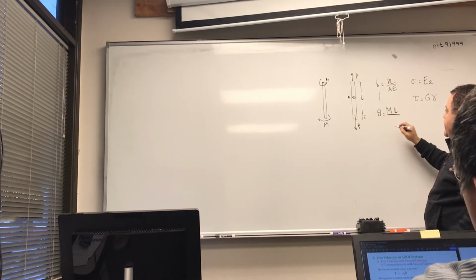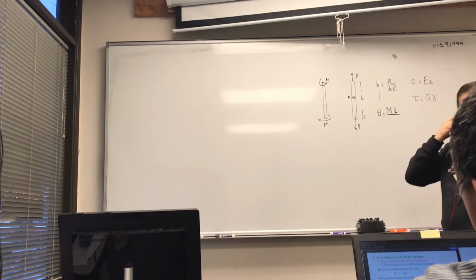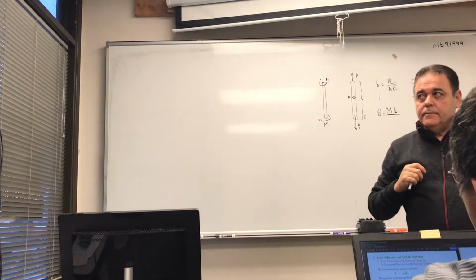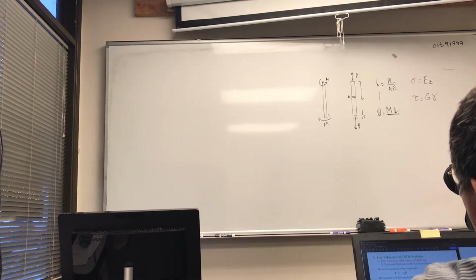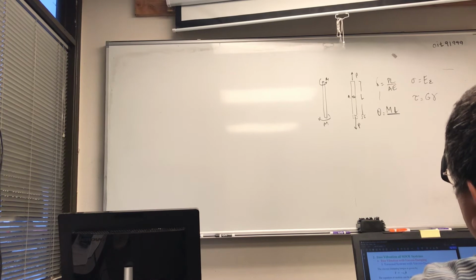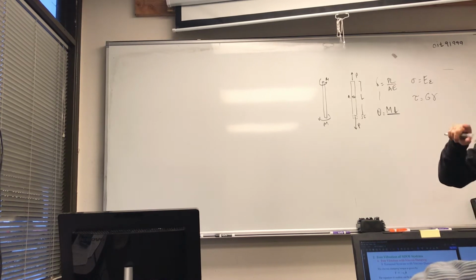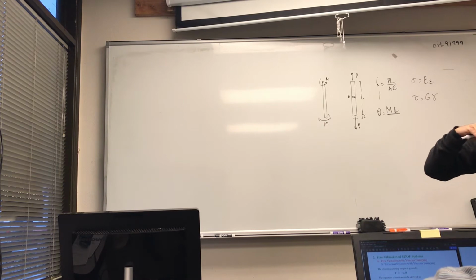Instead of an area, what should we put in there? Remember in dynamics, anytime we had a mass for linear motion, for angular motion we replaced it by I, the mass moment of inertia.